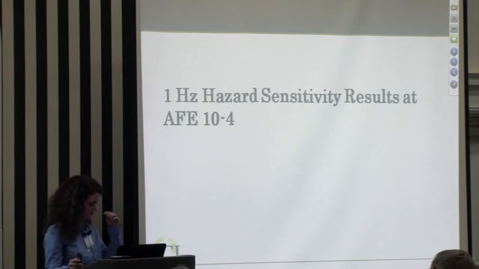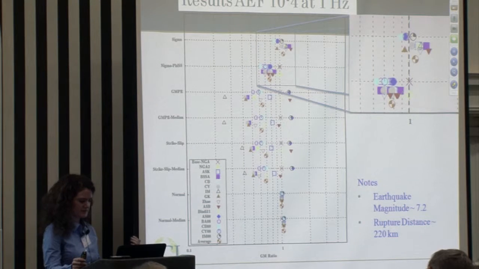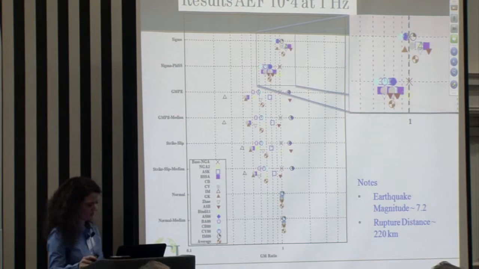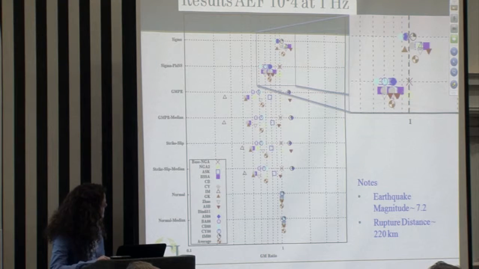Okay, now I'm shifting and I'm going to show you results just for 1 hertz at 10 to the minus 4. This is where the Sierra Pareto is the major contributor. So it's magnitude 7 at 220 kilometers. So one question is how well the GMPEs are constrained out at those distances. Nick talked a little bit about that.